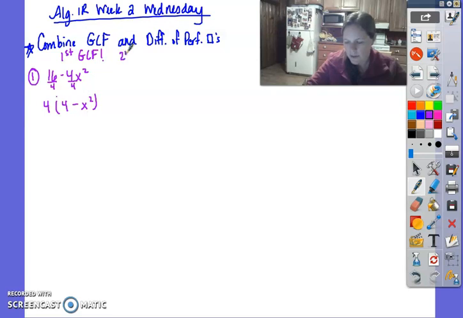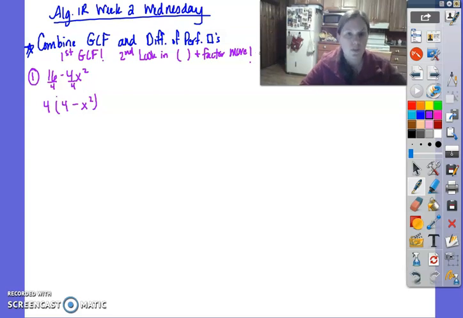Now, second, I want you to look in the parentheses and factor more. All right, so look in the parentheses. Are there 2 terms? Are they attached by subtraction? Are they both square rootable? And they are.